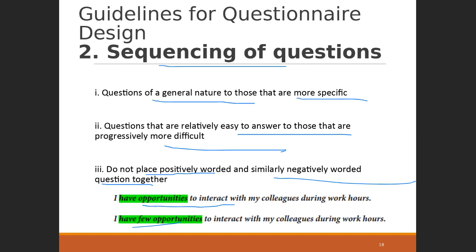Now, this is a negatively worded question, but it has only included no here. Okay, it has only included few here. So such negatively worded questions are not advisable to ask, especially not to place them together.